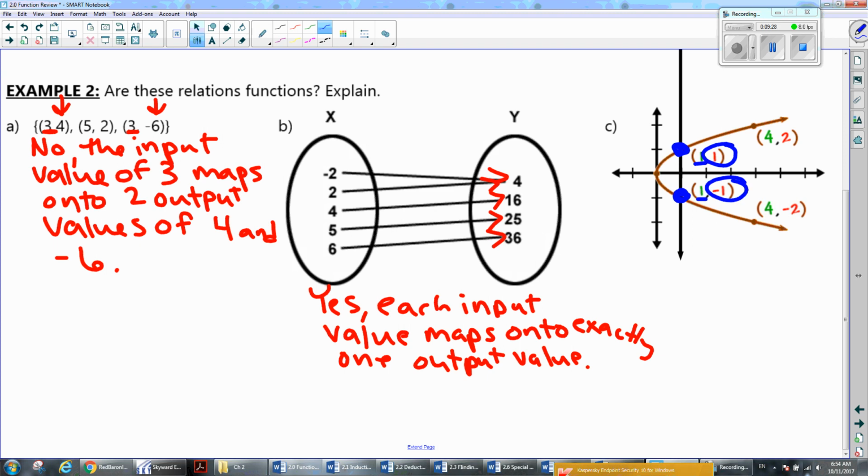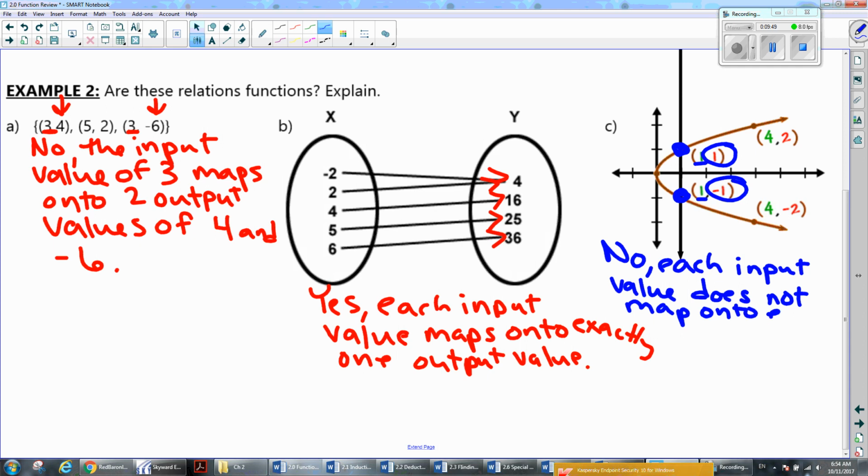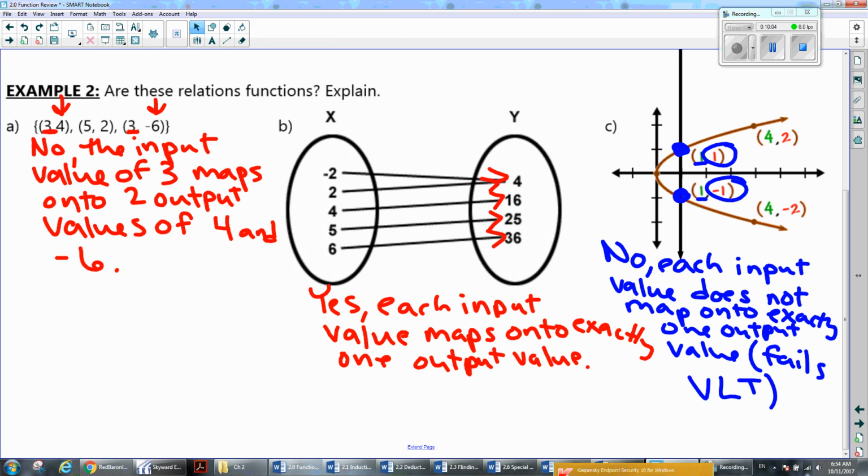It does not pass the vertical line test. So each input value does not map onto exactly one output value. So this is when it fails the vertical line test. That should be familiar from before.